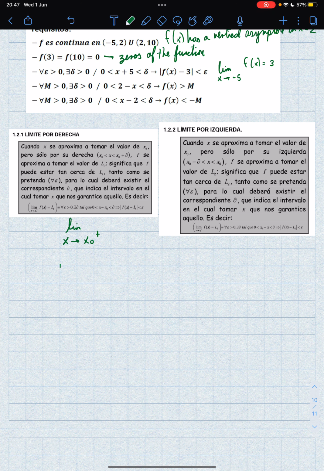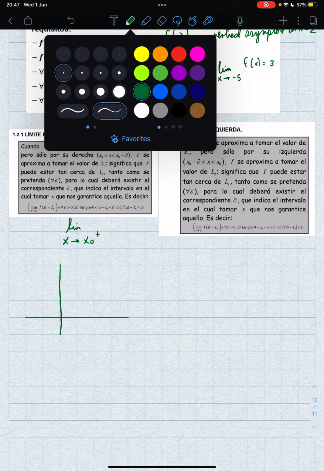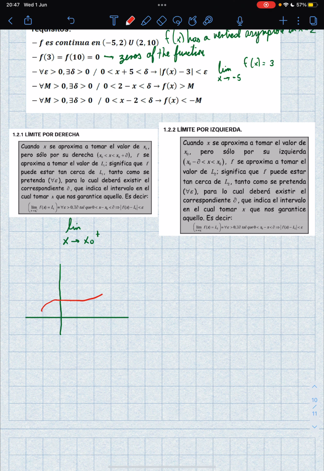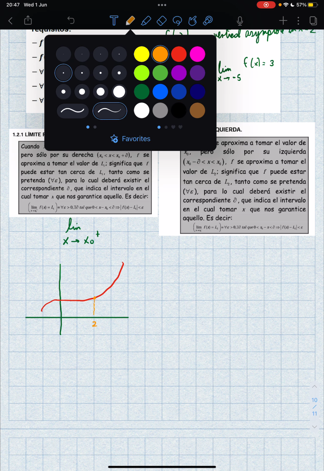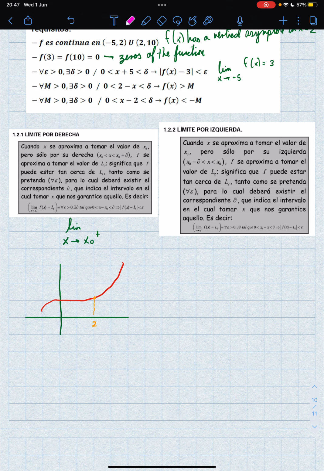So imagine this graph. Imagine that you have this function and you want to evaluate here at 2. From the left, it's going to be that way. This is left.